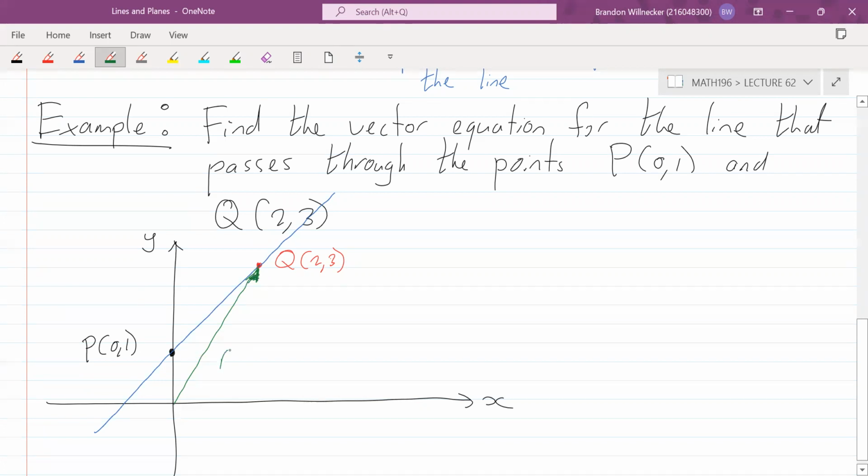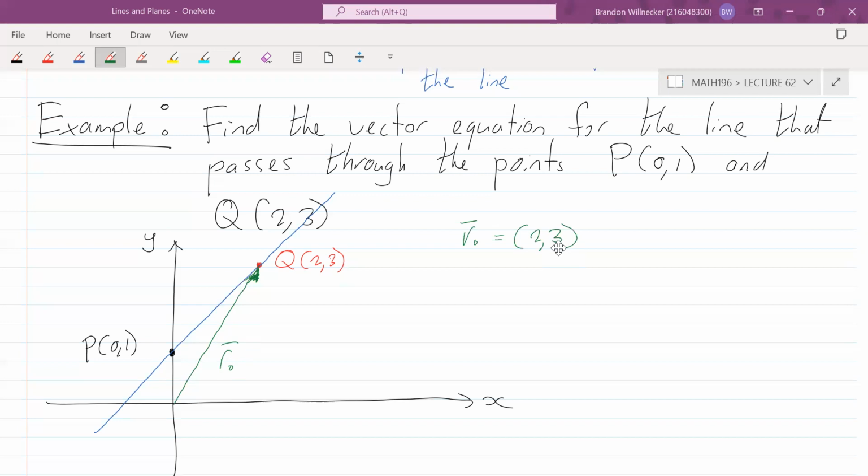This is going to be our r naught, which is just a vector that points to any point along the line. So here r naught is given by (2, 3). That's our vector that points to Q.